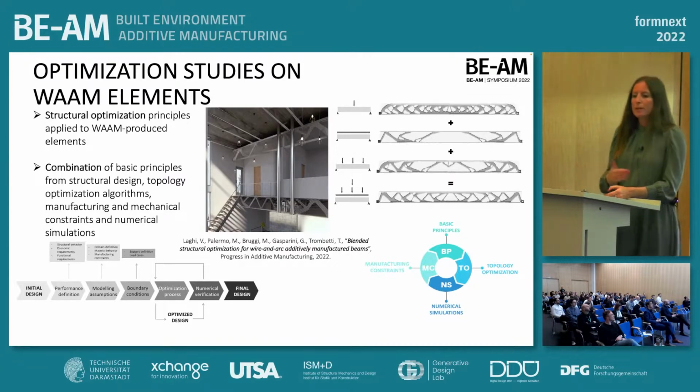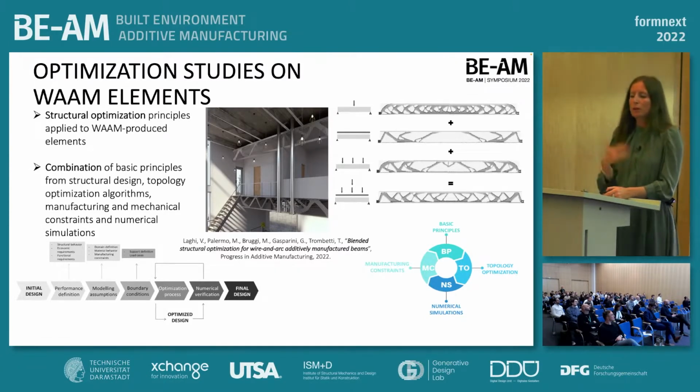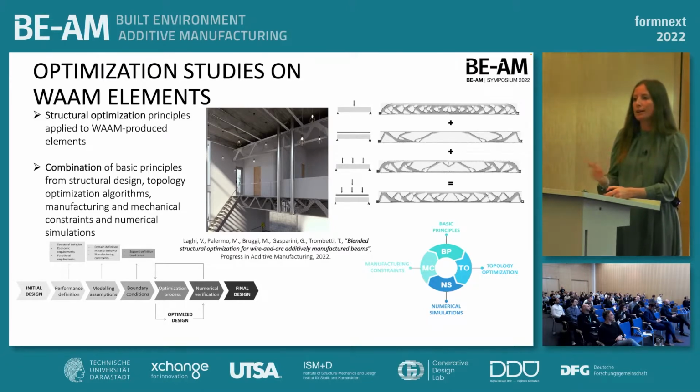As I said before, we created an orthotropic material model. So we were also able to engineer this material by creating optimization studies for optimized, efficient beams. In this case, this was a case study on new optimized IPE beams.